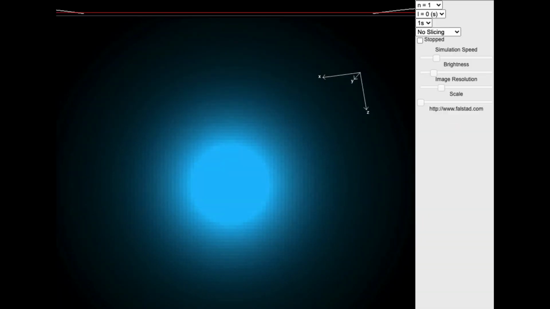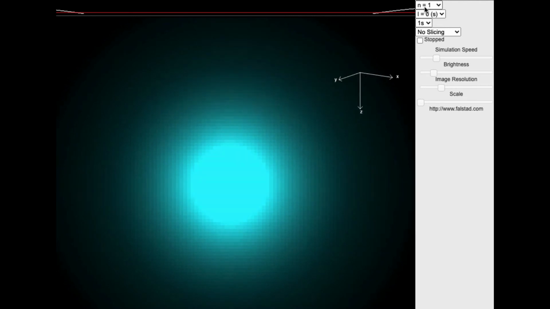All right, so what we're looking at here is a computer model of these same states. You'll notice that in my window here, I've got my n value specified and I've got my L value specified. So we're looking at a 1s orbital right now, which is really not all that interesting. It's just a sphere. But the important thing I think to glean from this image is that it is a useful thing to think of these as clouds per se.